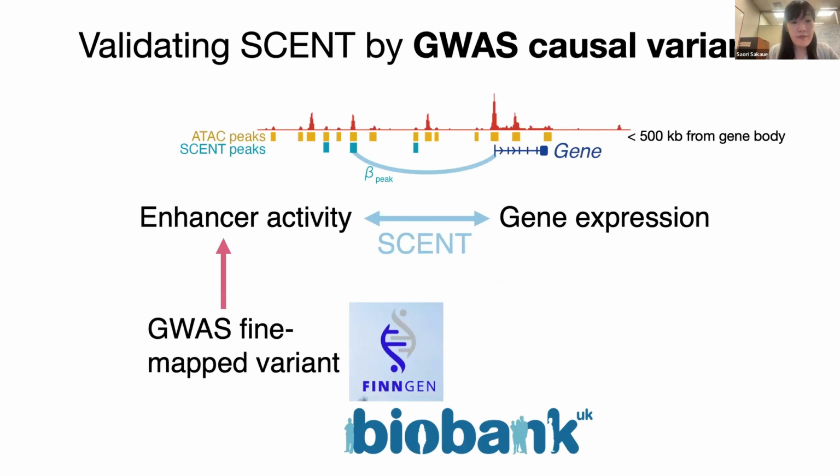And finally, we also wanted to know, of course, how valuable our enhancer-gene links are in understanding GWAS mechanisms. So we wanted to first validate if our enhancers are enriched for known GWAS causal variants. To identify the known GWAS causal variants, we can use the GWAS fine-mapping results, statistically fine-mapped variants of large-scale biobanks such as FinnGen and UK Biobank.